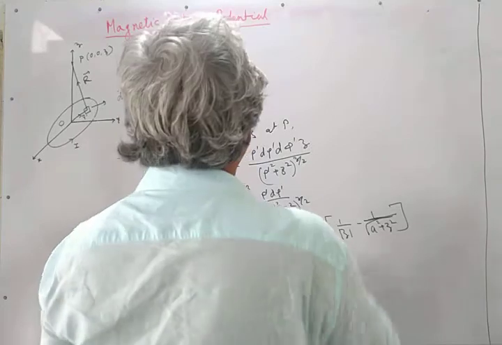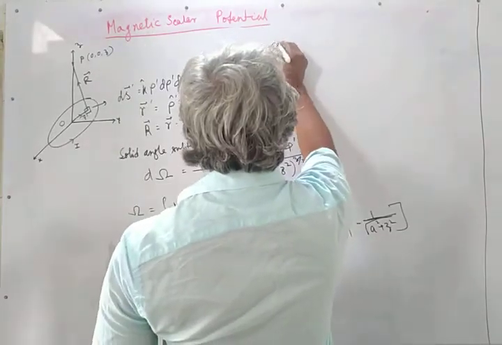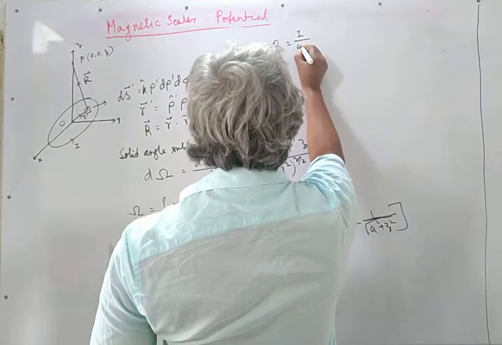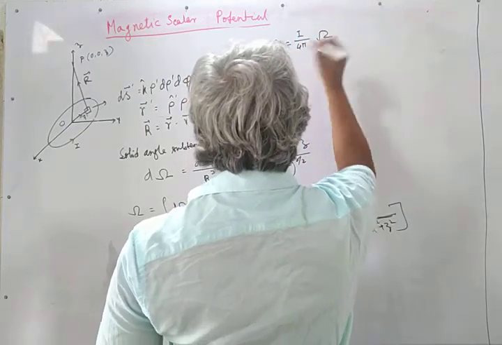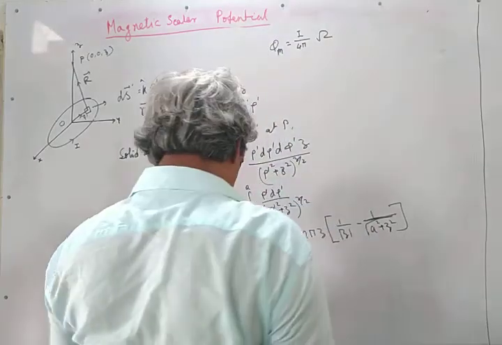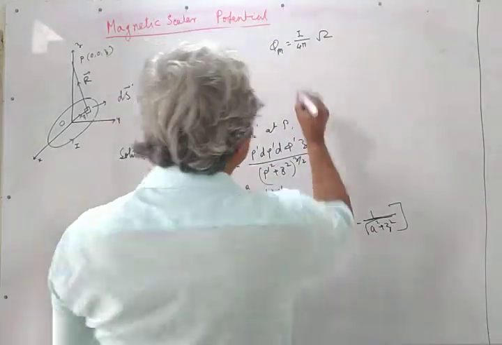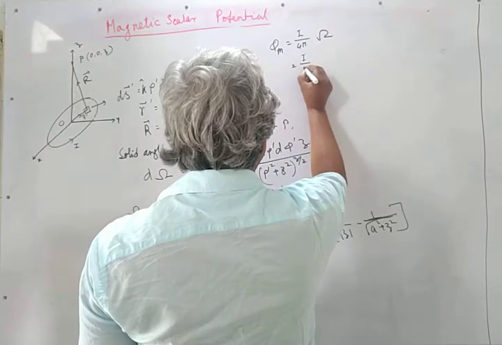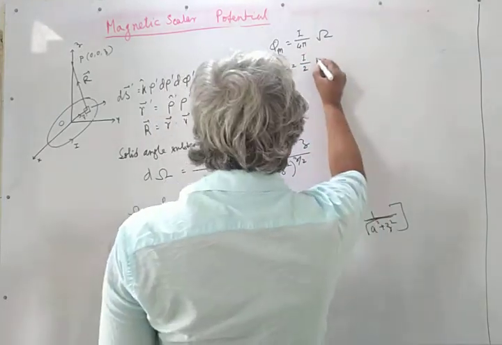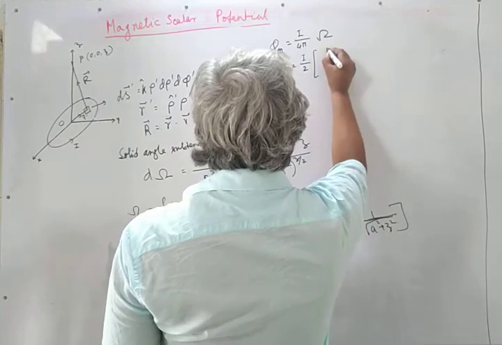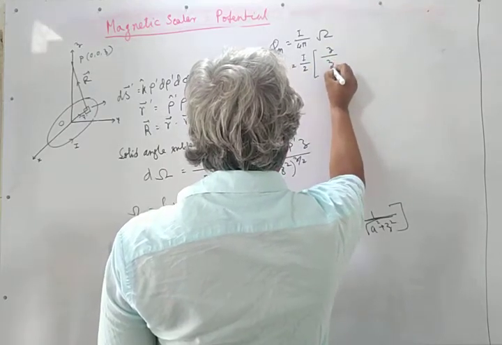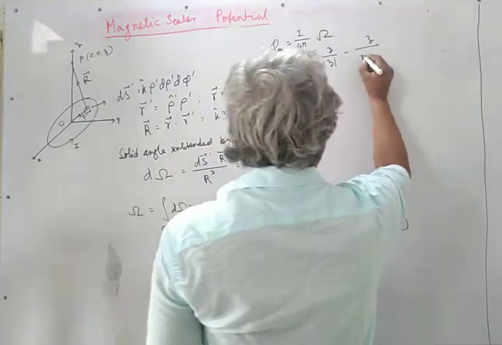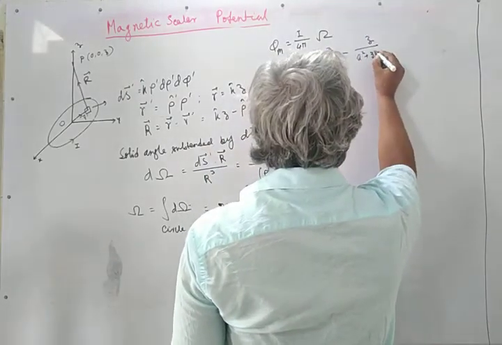So the scalar potential phi m is equal to I upon 4 pi times sigma. So if we use this, it is I by 2 times z by mod z minus z upon square root of a square plus z square.